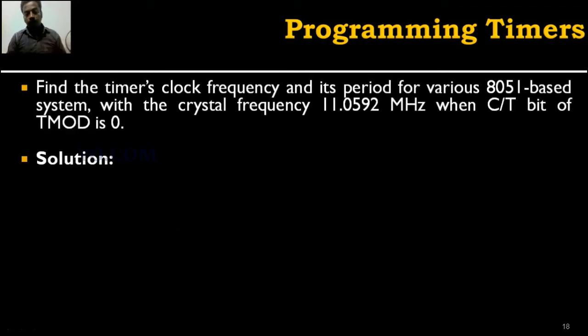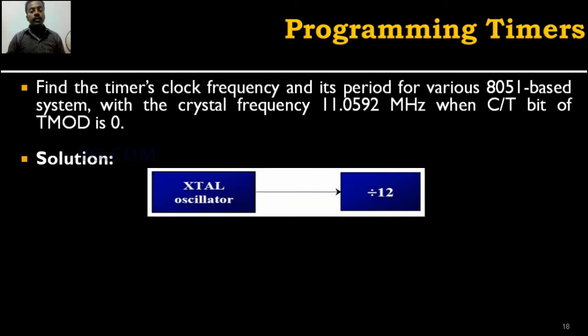Then one small problem: find the timer clock frequency and its period for an 8051 based system with crystal frequency 11.0592 MHz, when the C/T bar bit of TMOD is 0. C/T bar equal to 0 means it acts as a timer. Initially the timer divides the crystal oscillator frequency by 12.